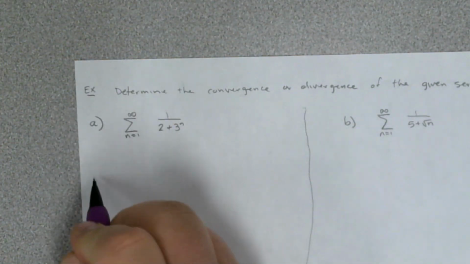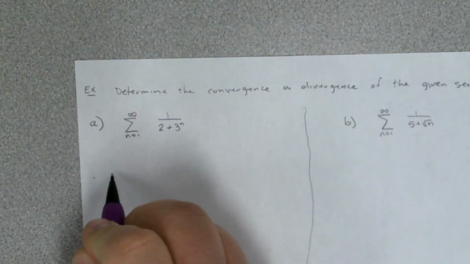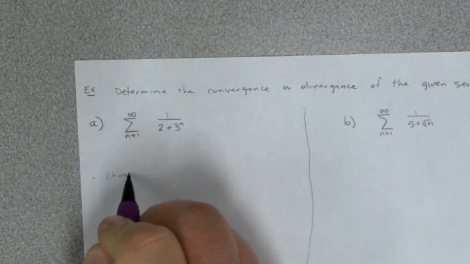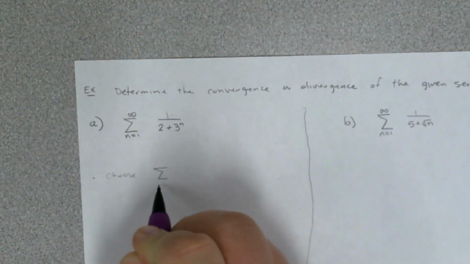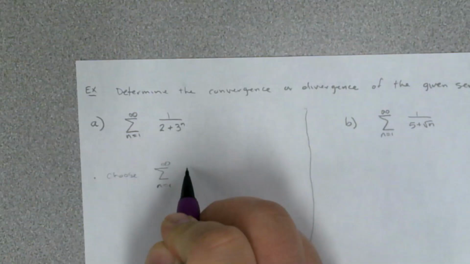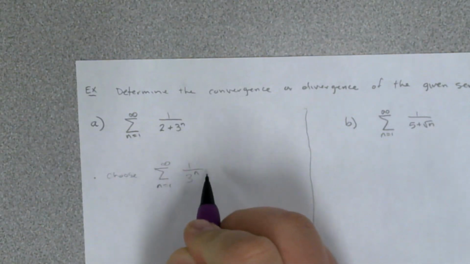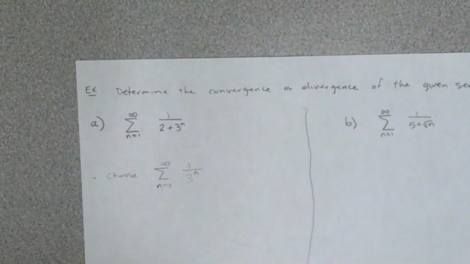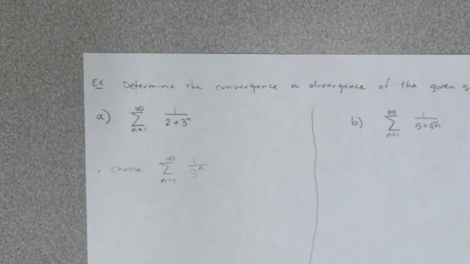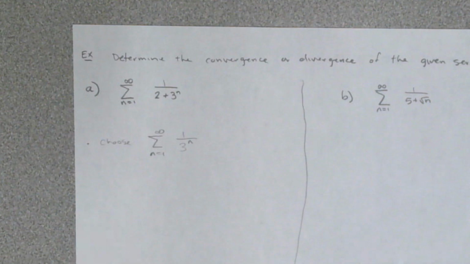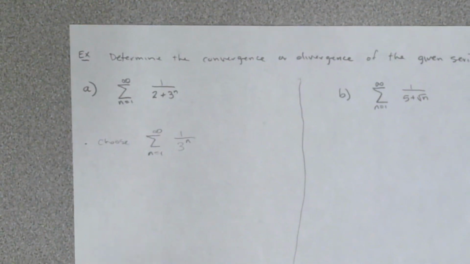So let's look at the summation n equals 1 to infinity of 1 over 3 to the n. Something simple we're going to compare with. We want to choose something that we can determine the convergence or divergence of, so we want to make it as simple as possible.